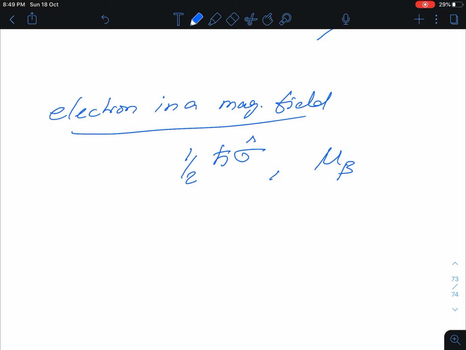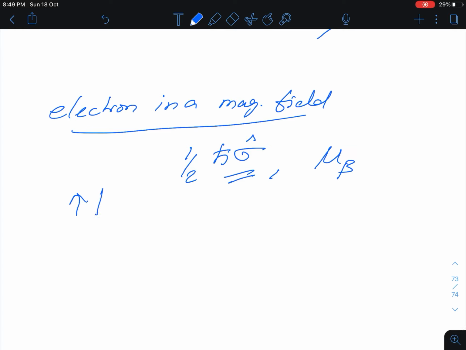What is this sigma cap operator? It is called the Pauli spin operator, the Pauli spin matrix. The spin of the electron can have two orientations, either up or down with respect to the external magnetic field.